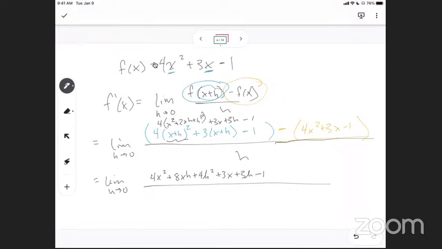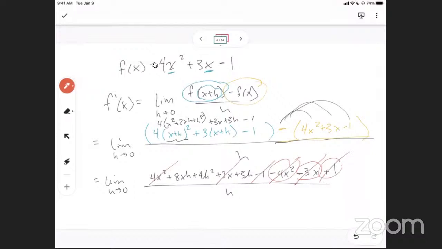Now what? Minus 4x squared minus 3x plus 1. Perfect. Good job, all over h. Now let's cancel what we can cancel. I can cancel this and this and this. That always happens, just FYI. The minus 3x is going to cancel with the plus 3x, and the 1 is going to cancel with the minus 1.